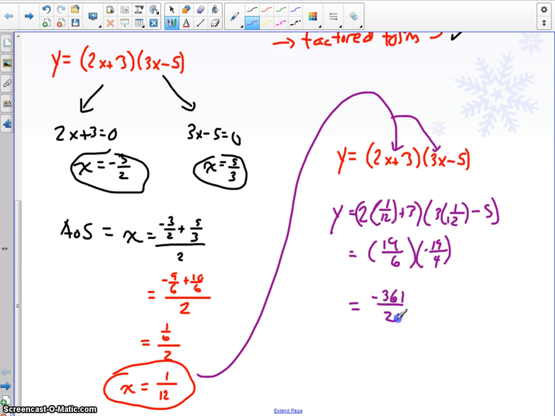This is a really, really ugly vertex here. So this tells me that my vertex, after all that, is going to be at 1 over 12, negative 361 over 24.